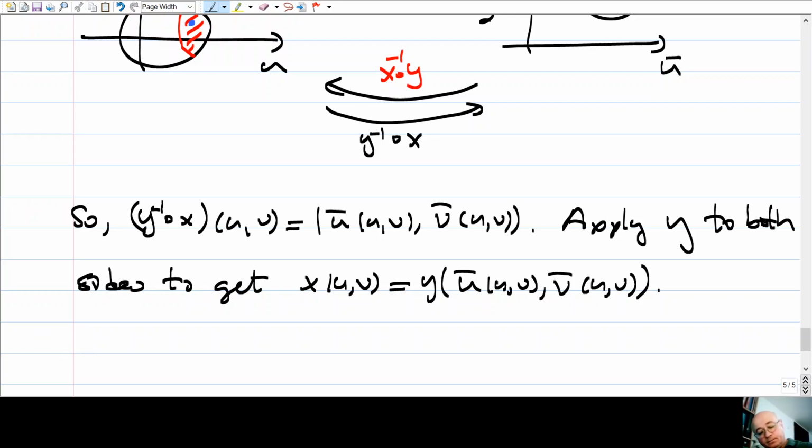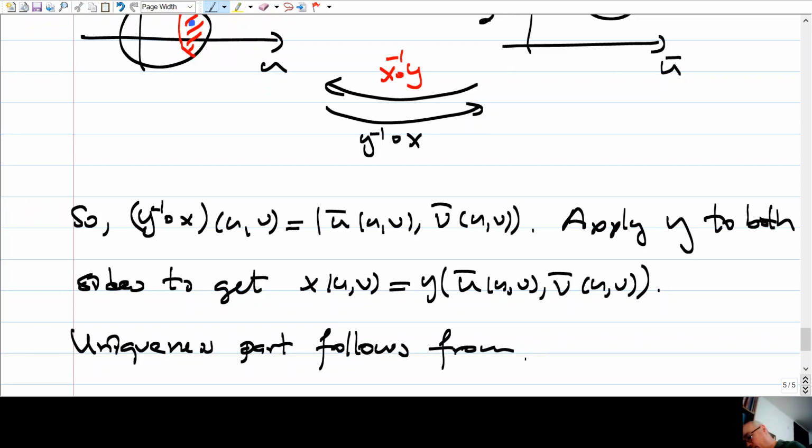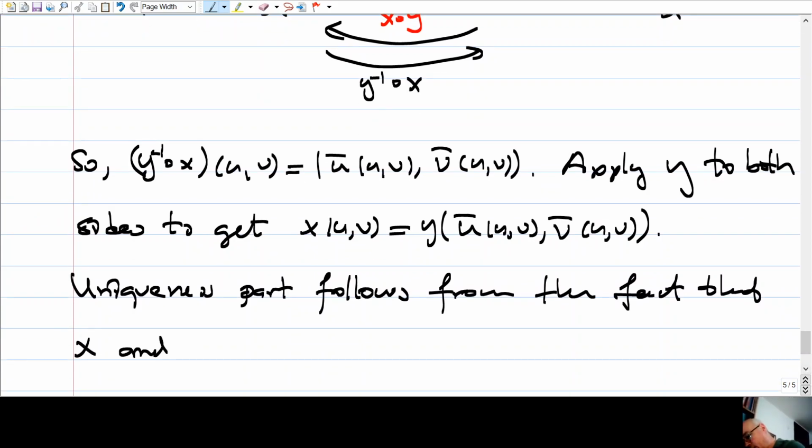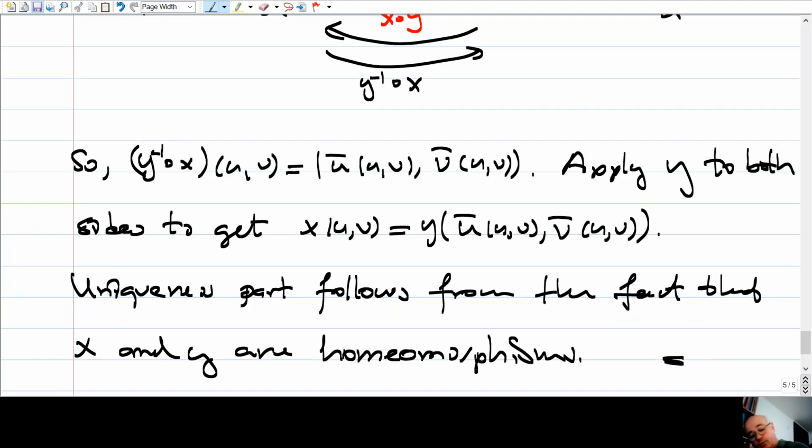Okay, so uniqueness follows from the fact that X and Y are homeomorphisms. Okay, this finishes the proof.